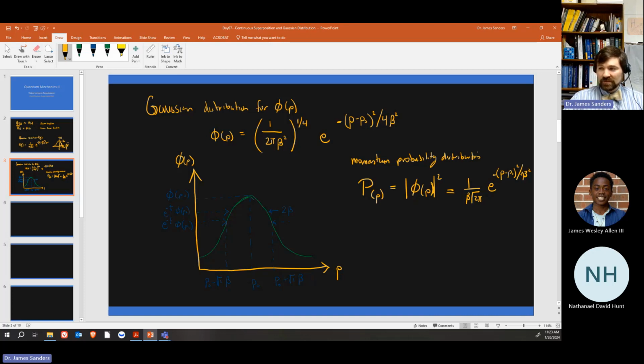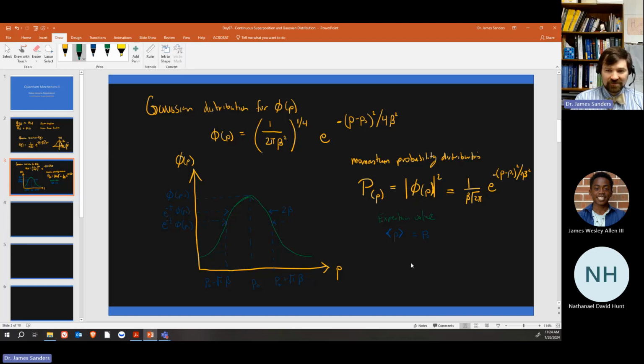Okay. So now what we do is we say, all right, maybe we want to know what are the expectation value and the uncertainty value. So expectation value, specifically for momentum, P. And looking at the symmetry of this system, we know that the answer is going to end up being P naught.